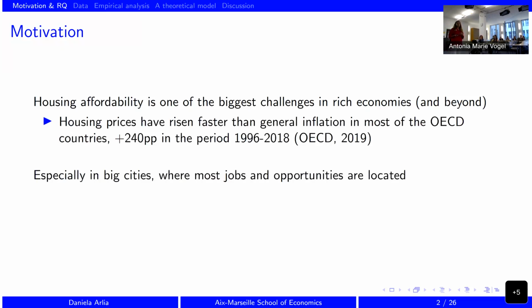And housing affordability is especially a problem in big cities where most of the jobs and opportunities are located. This is especially true for low-income households and workers.